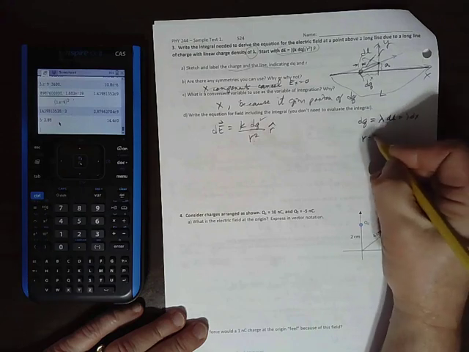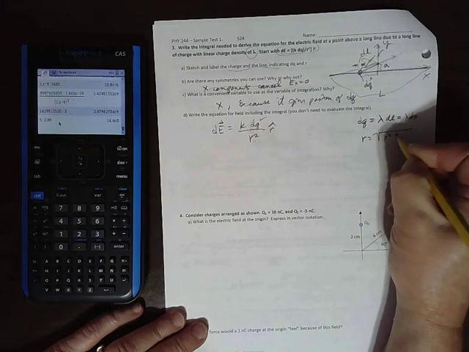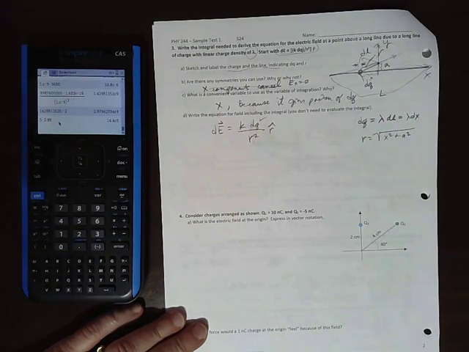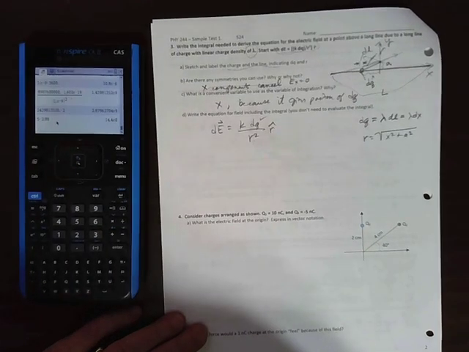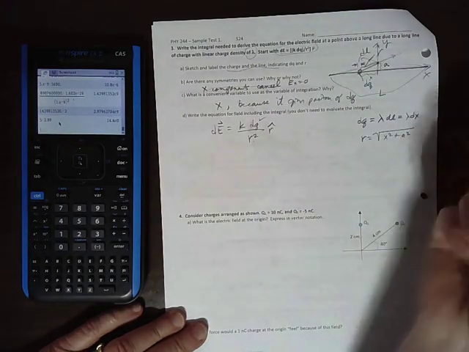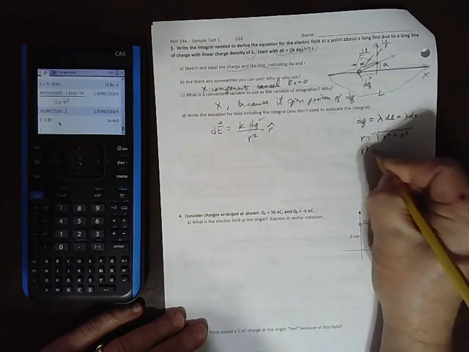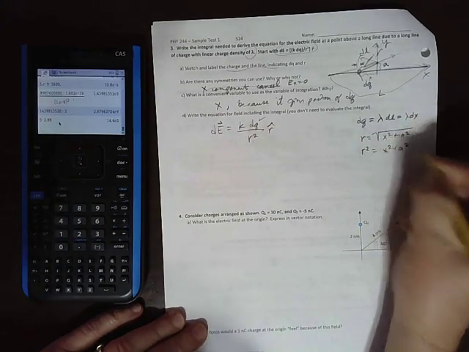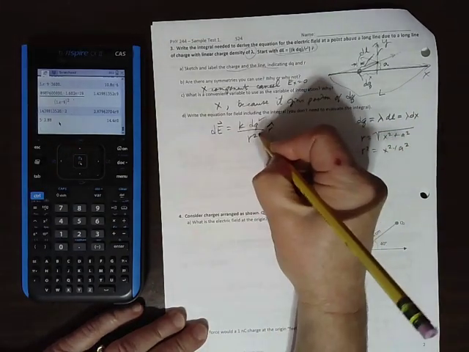So r is the square root of x squared plus a squared. Because r is going to be a positive length, even if x is negative, it's okay. a is a constant. So r squared is x squared plus a squared. So we've got r squared in terms of x.